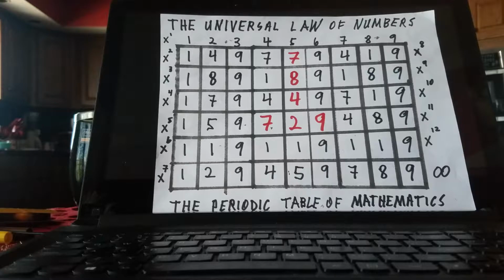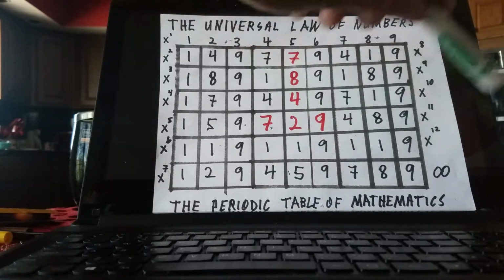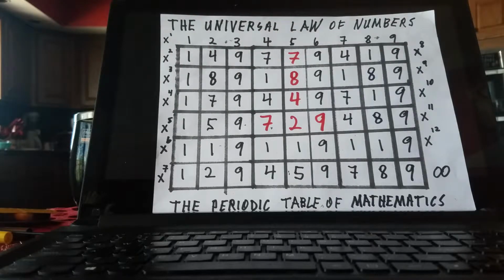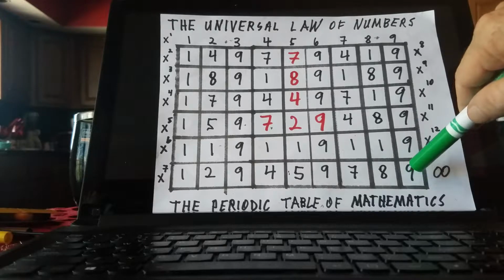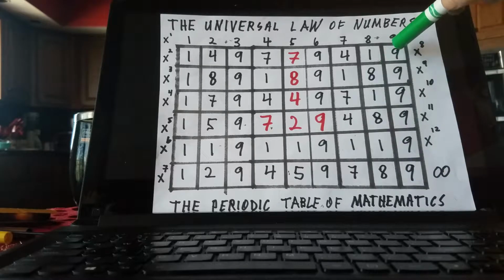So it's an ongoing repetitive cycle: 1, 2, 3, 4, 5, 6, 7, 8, 9, 1, 2, 3, 4, 5, 6, 7, 8, 9, and all of the other aspects of it are a repeating revolving circle as well, because if we take a number to the 7th power, once we hit 7, it will return again to just the way it was when we squared the number and continue on from there and revolve around in a circle.